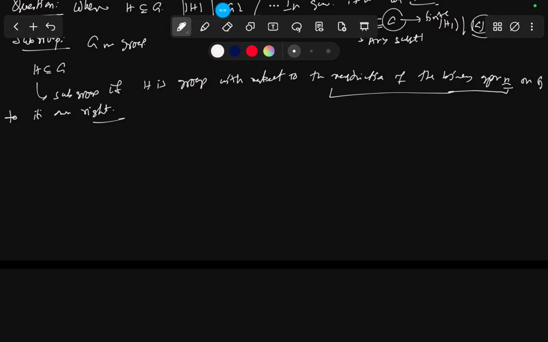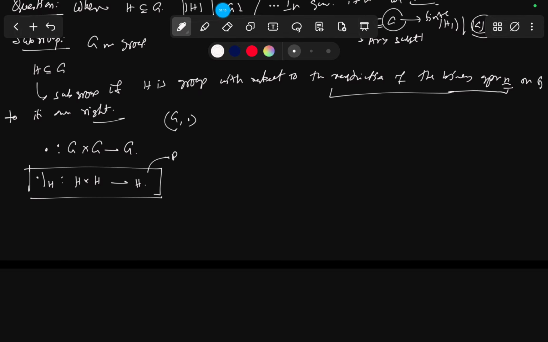So what is a binary operation? Binary operation means, suppose G is associated with the binary operation dot. So dot is basically a mapping from G cross G to G. Okay. Now if I restrict dot to H, this restriction should be H cross H, and I need that to lie inside H again. Okay. So this is said to be restriction.